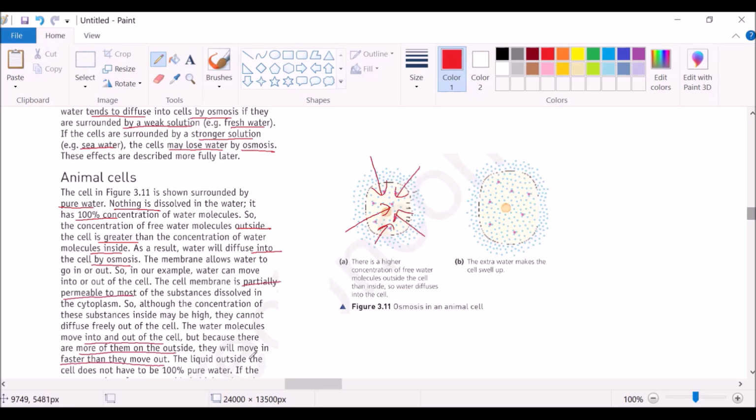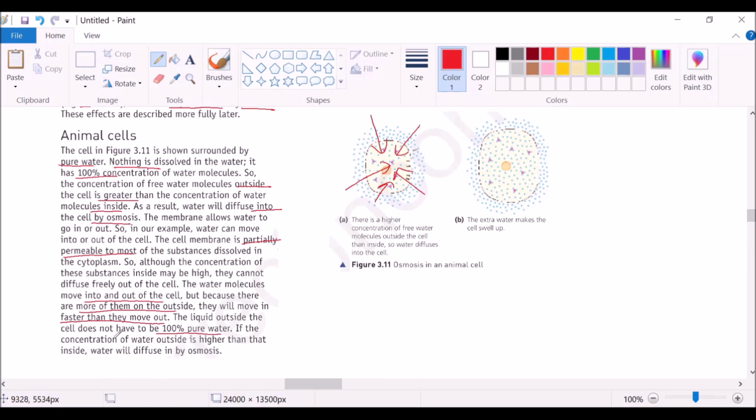The liquid outside the cell does not have to be 100% pure water. If the concentration of the water outside is higher than that inside, water will diffuse in by osmosis. So B here shows the cell swelling up because it is gaining water.